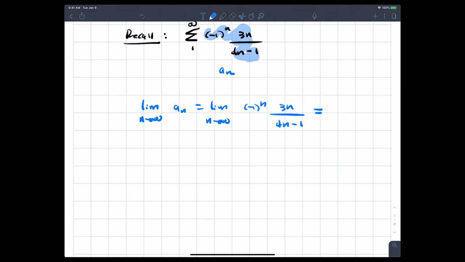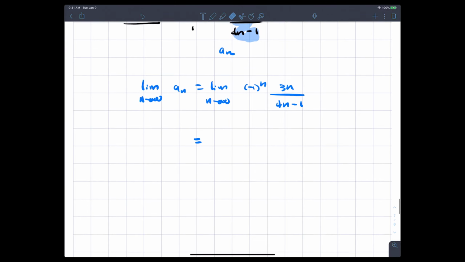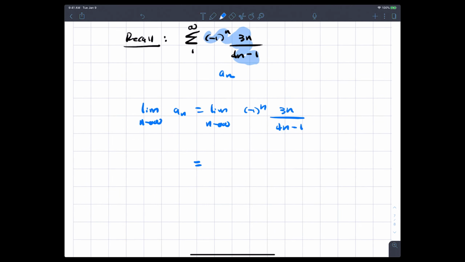And if I ask you guys, what is this limit? In other words, here's my focus, is on an. I include the alternating mechanism. I'm looking at this series, this portion of it.